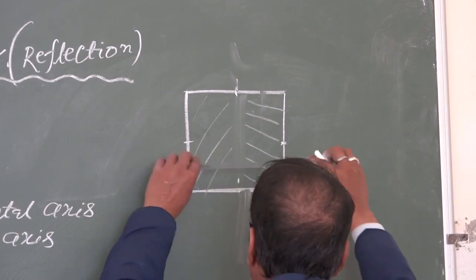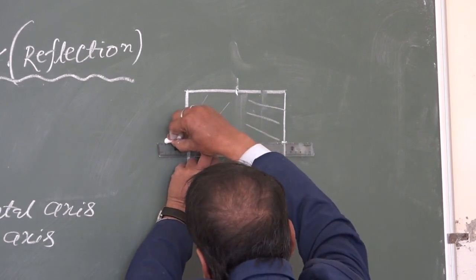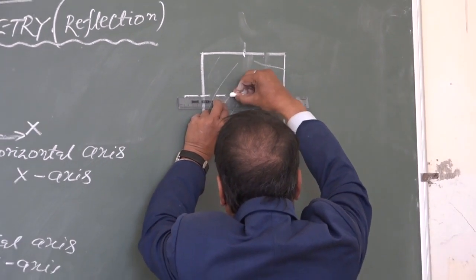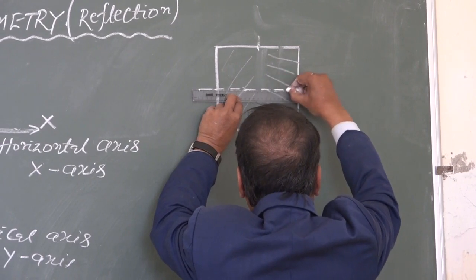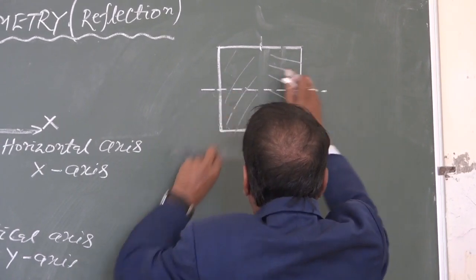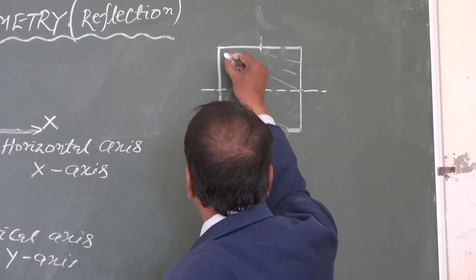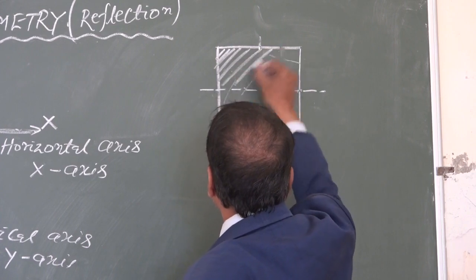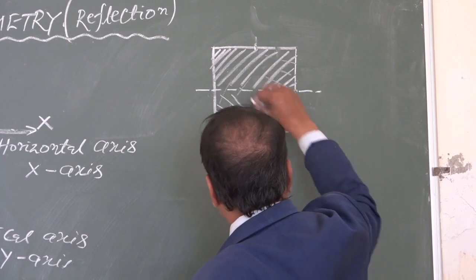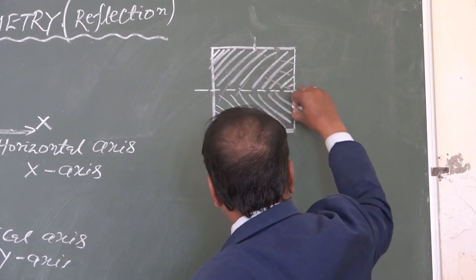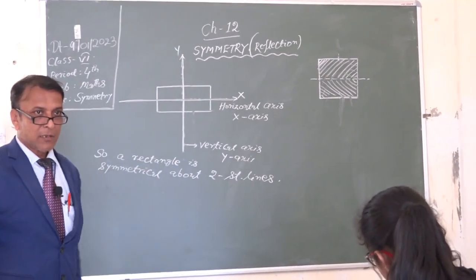By taking these two points, if I draw a line, then also the total square will be divided into two halves. Yes or no? Yes. This is one half and this is another half. Both parts of the square are exactly equal.